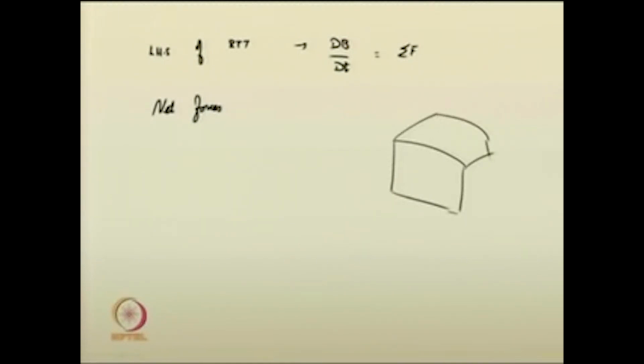The left hand side of the Reynolds transport theorem equation consists of the material derivative dB by dt, which is nothing but the net force in the system, for whichever control volume we take.